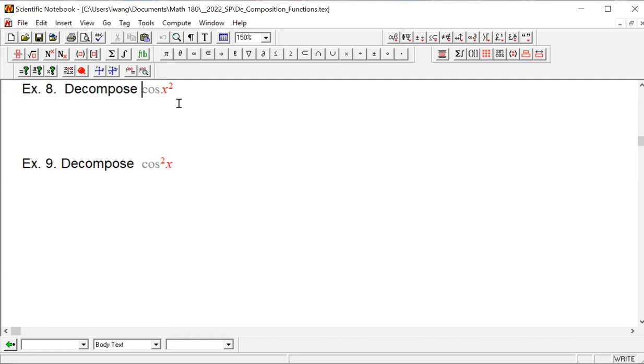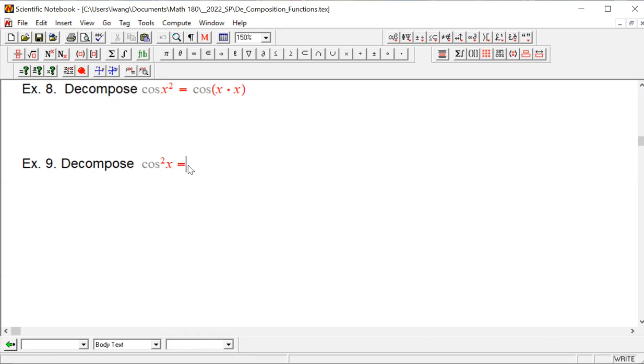Okay, so let's look at this one. First we have to understand the order of operation. First of all, what does this mean? This means cosine of x times x.